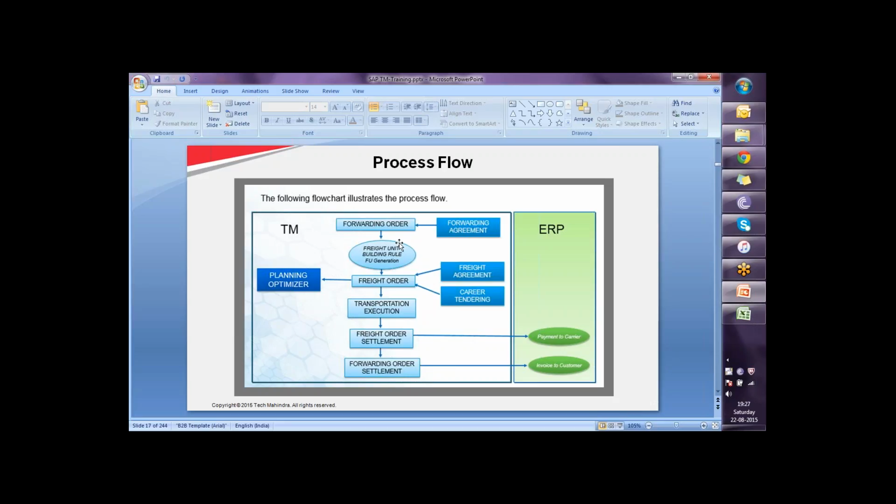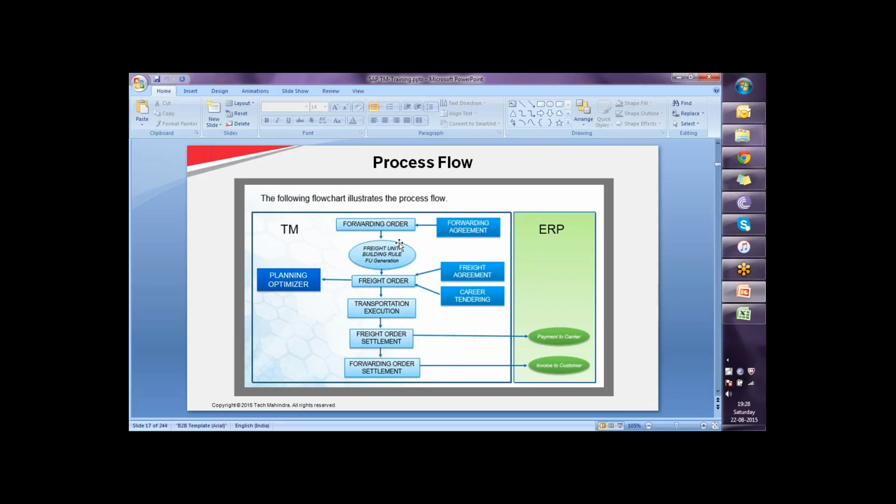It has goods information, and you plan those freight units, and you get a freight order. So based on the planning, you derive your freight order.